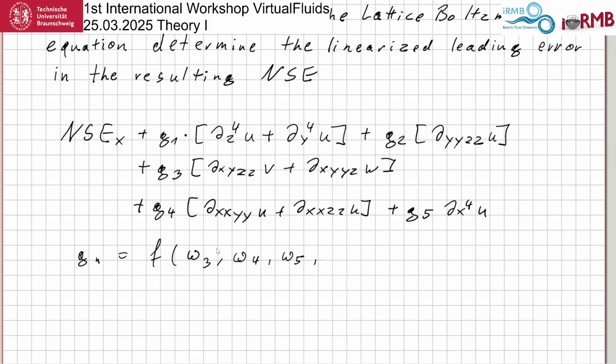So we would have 8 free rates. But unfortunately, the leading order error depends only on 3 of them. So unless we are extremely lucky, this is not enough to eliminate these errors.